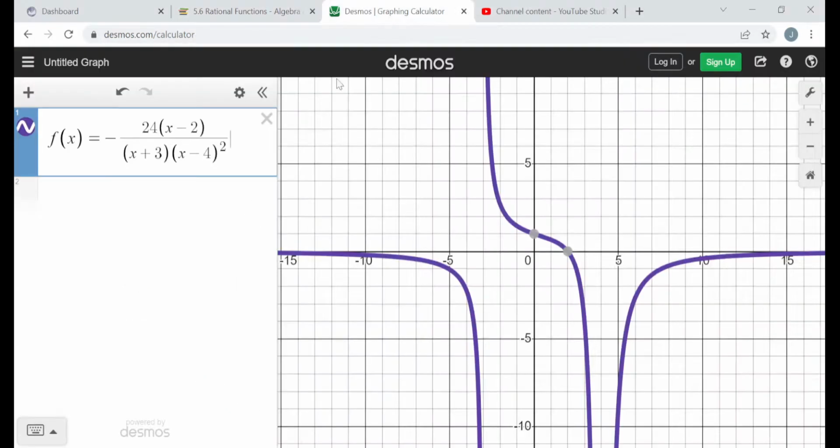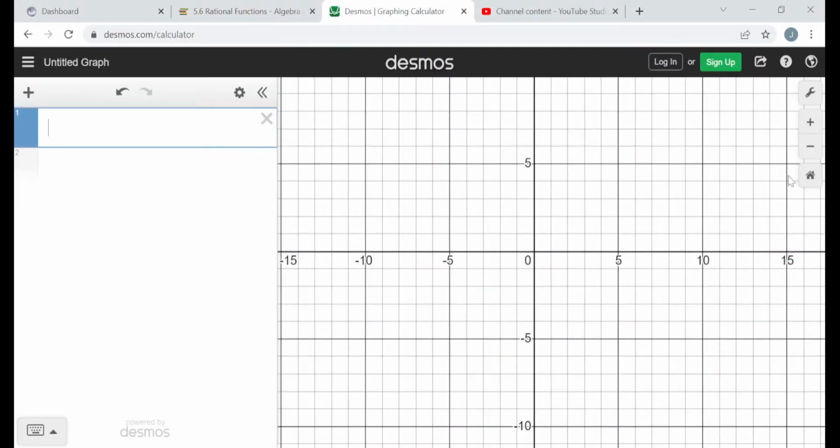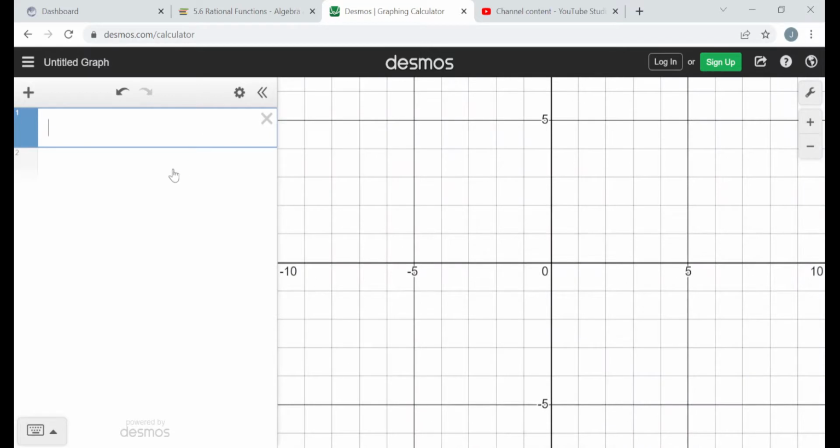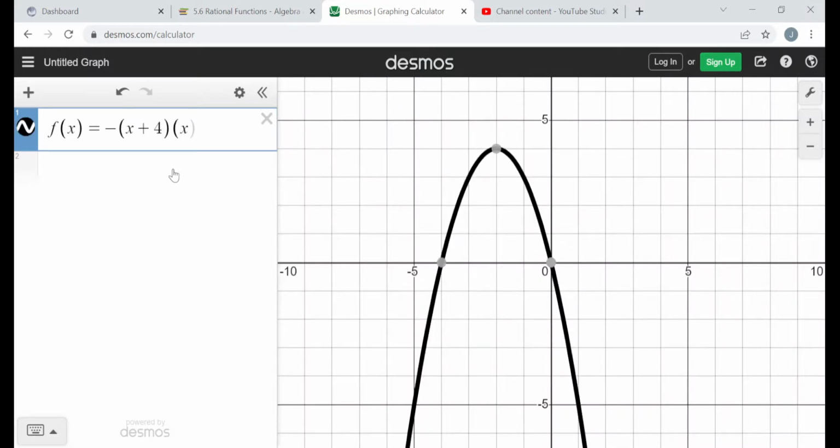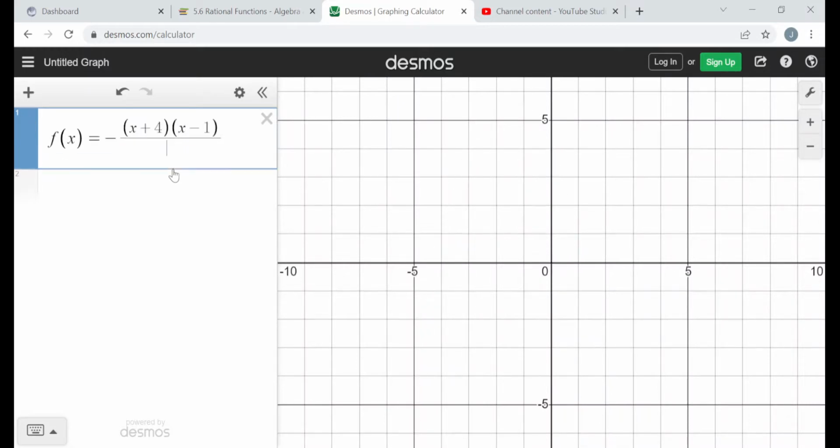All right, so back here. So the function I ended up writing was f of x equals negative 1 times the quantity x plus 4 times x minus 1 divided by 2 times the quantity x plus 2.